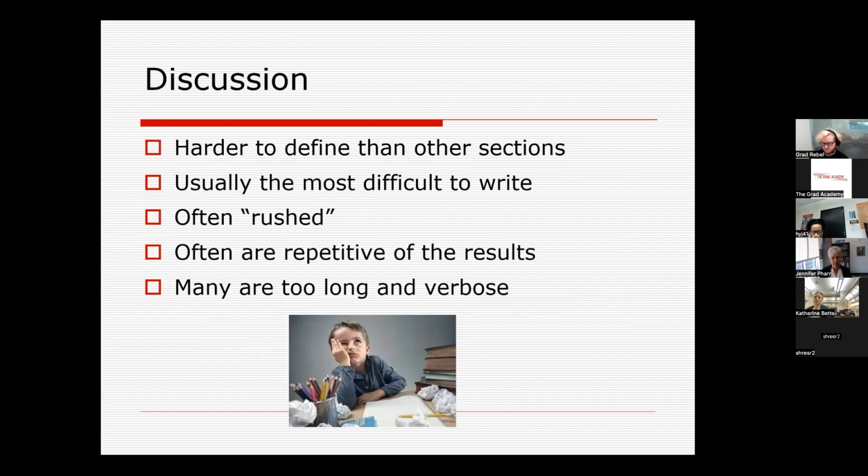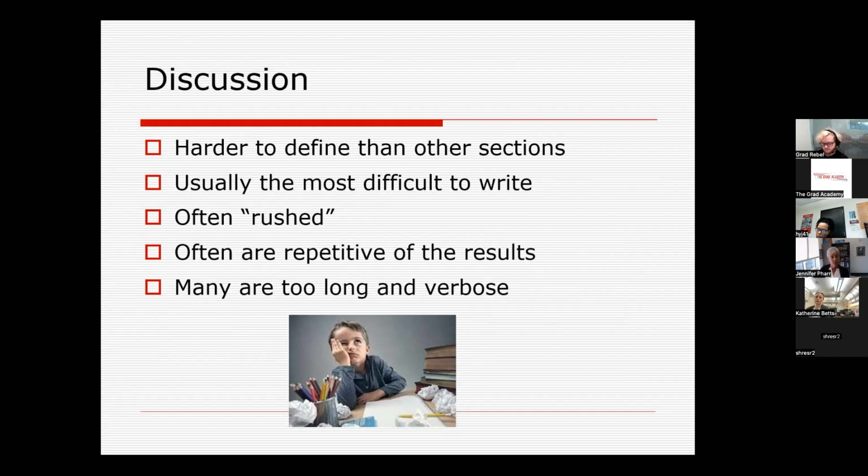I know when I write a paper, often it's like, okay, gotta psych myself up for writing the discussion, because it's okay, this is what I found, but what does it mean? What are the implications or the applications of my findings, right? So that takes a little bit more brain work, in my opinion, to write the discussion. The discussion is a harder section to define than maybe the method section or the results section.